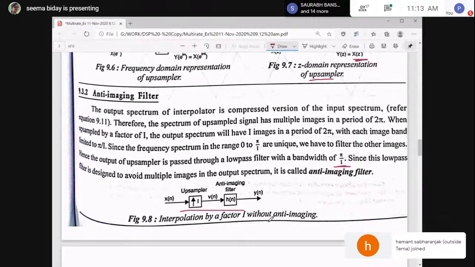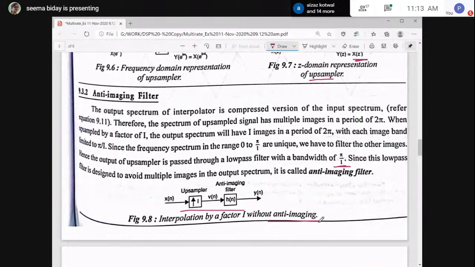Here it is the anti-imaging filter. In a decimator it is the anti-aliasing filter, and it should be connected prior to the downsampler. This should be noted. This will help you in MCQ as well as in the theory paper.